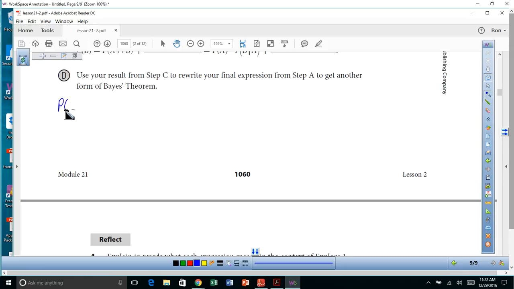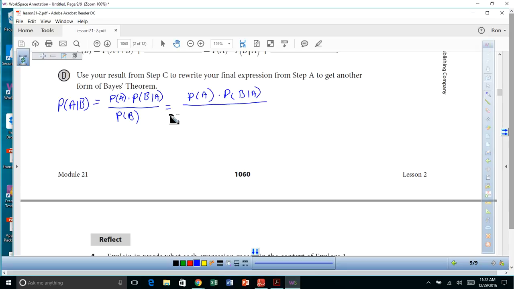So the probability of A given B equals the probability of A times the probability of B given A over the probability of B. This equals the probability of A times the probability of B given A over the probability of A times the probability of B given A plus the probability of A complement times the probability of B given A complement.